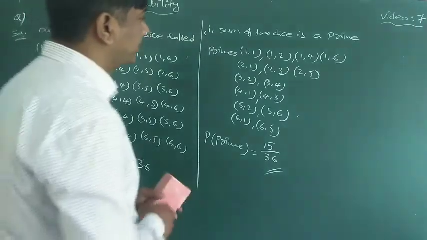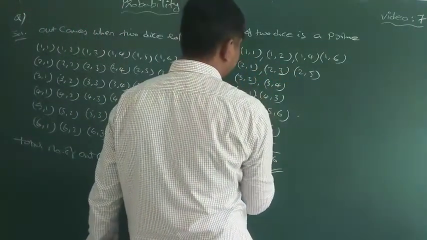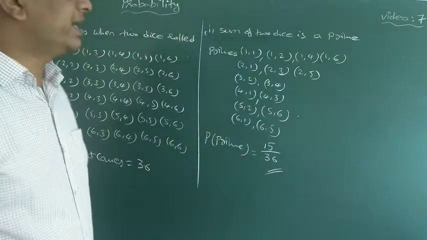Okay, I hope I took everything. 4 plus ... up to 15. The sum of two dice is a prime number.